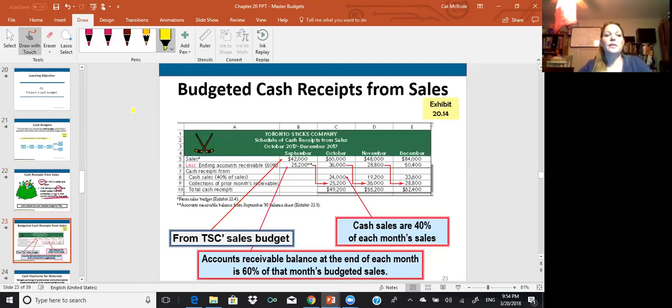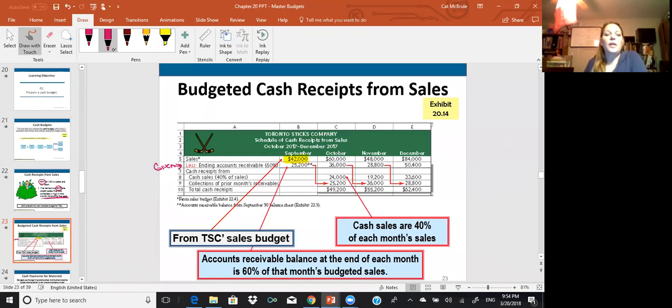So when we looked at this, we knew our sales dollars for September were 42,000. We were given this number because this came from historical data. We had accounts receivable already from the prior month, because we're just starting in September. So we would have had August, and whatever sales were made in August, 60% of them would be collected this month, right?